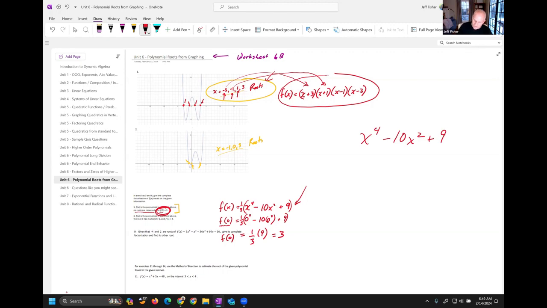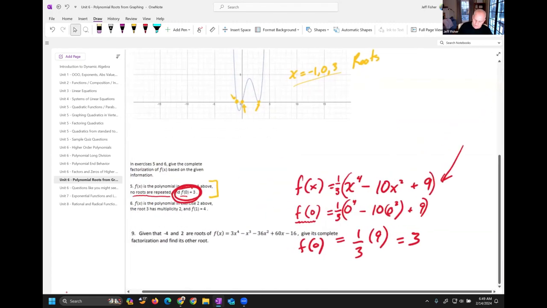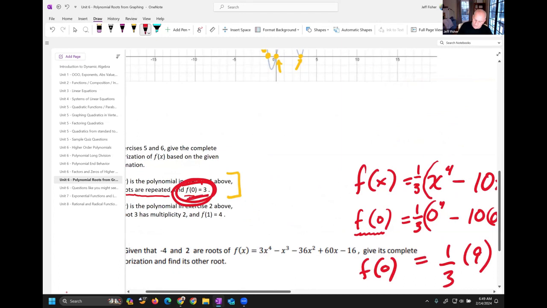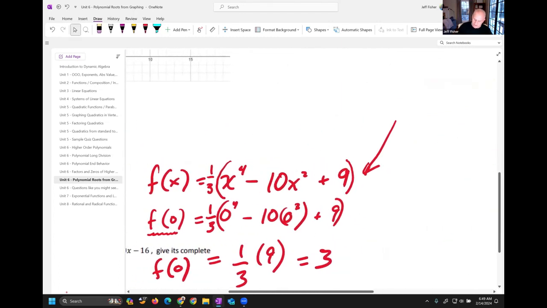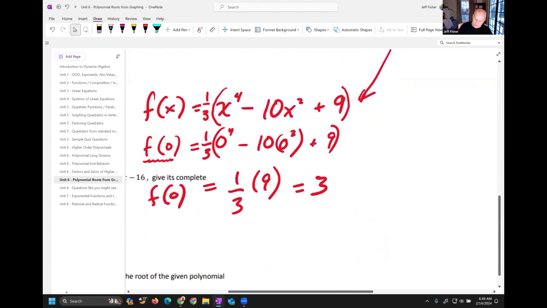And so now it tells us that f of 0 has to equal 3. So if f of 0 has to equal 3, that means we must have a 1/3 constant that this whole thing is being multiplied by in order for it to actually equal 3. How do we know that? We evaluate it at 0 without the constant, and we get 9.